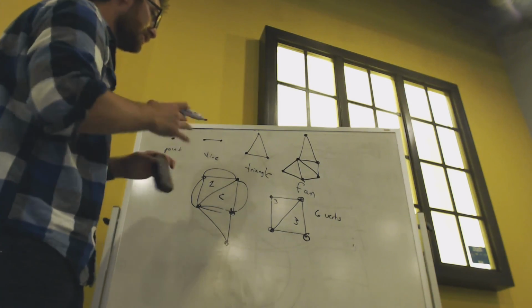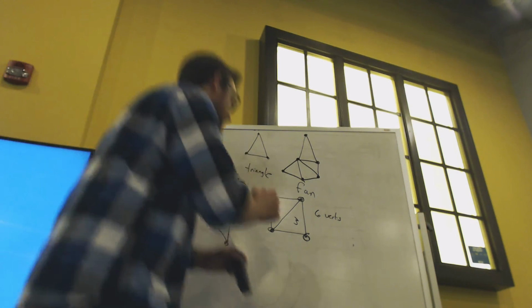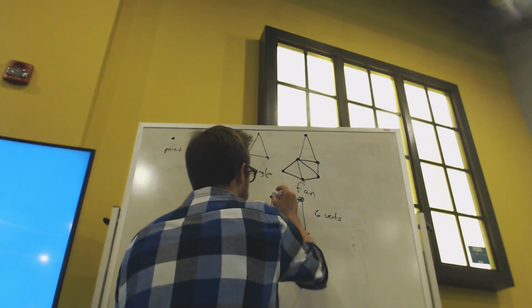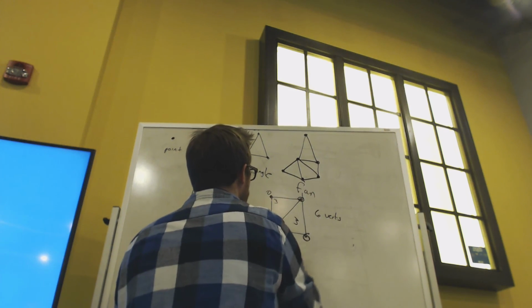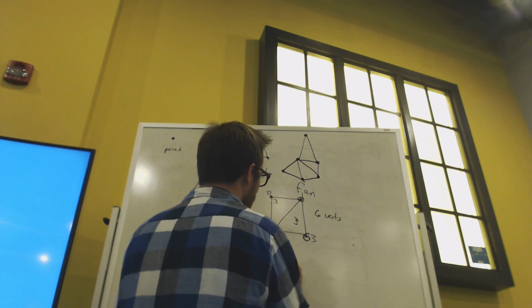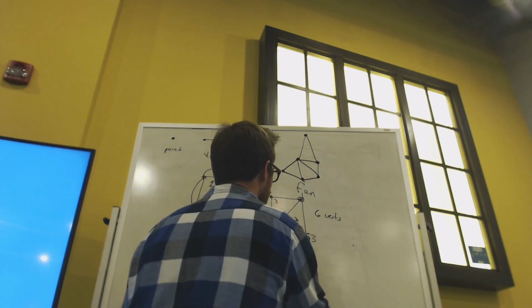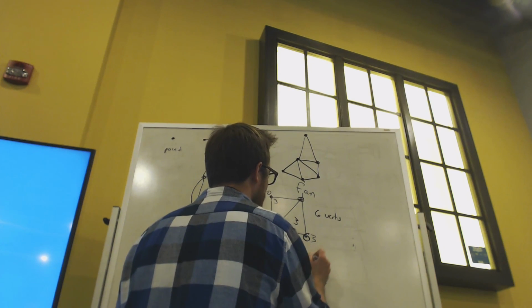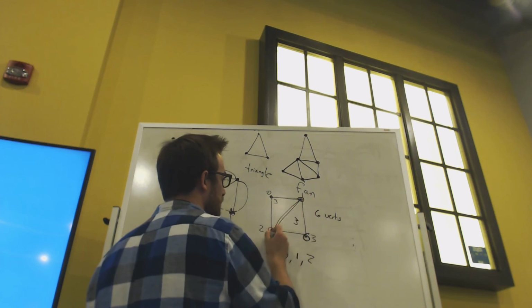This is where index buffers come in. Let's say that these vertices are 0, 1, 2, and 3. If we do an index lookup into 0, 1, 2, we'll generate this triangle.